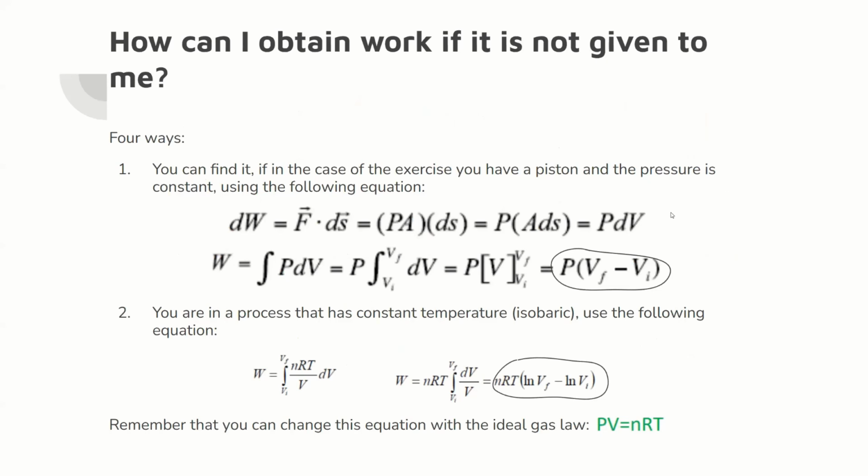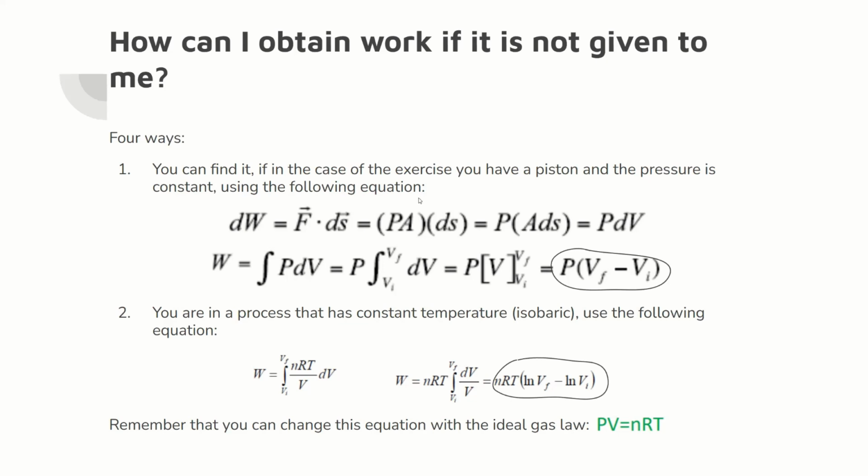Okay, so this was midway through the semester. Different ways that you can obtain work besides the first law equation, which is going to be covered here. You're going to have different processes that have specific properties to them. So, for example, there are 4 different ways that you can obtain work. The first one is what we call an isobaric process.